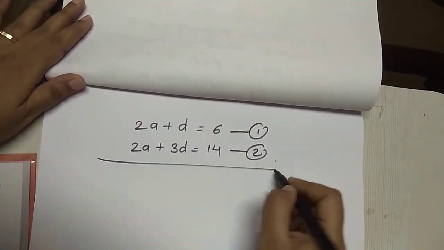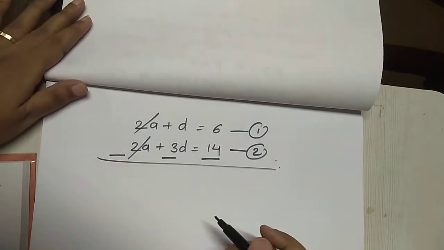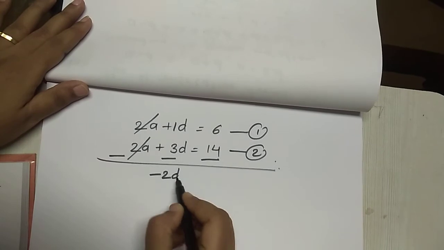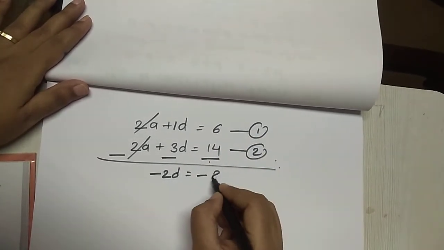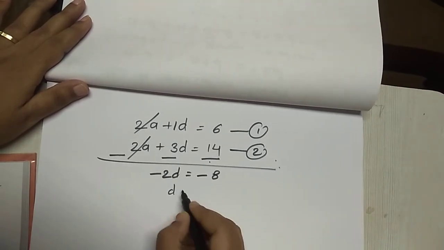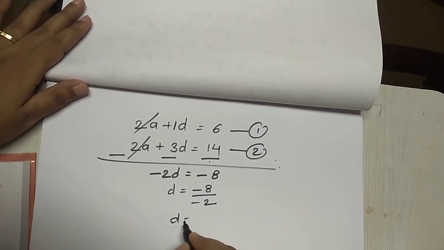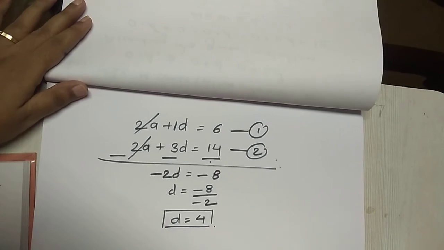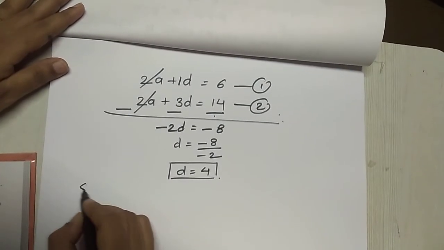Subtracting, 2a cancels, minus 3d and plus d gives minus 2d, minus 14 and plus 6 gives minus 8. So d is equal to minus 8 upon minus 2, d is equal to 4. The answer of d is 4.